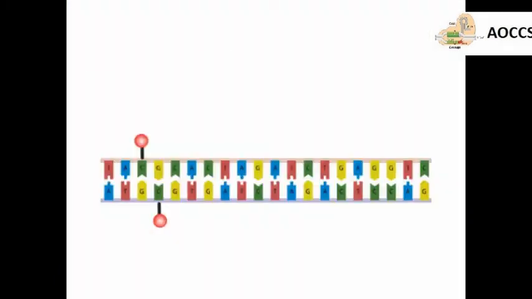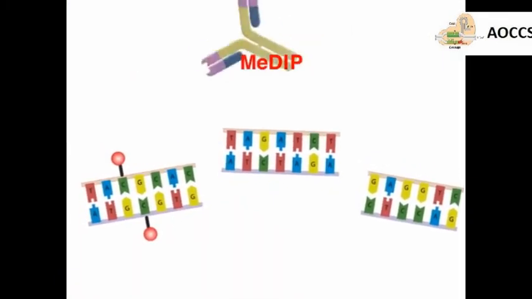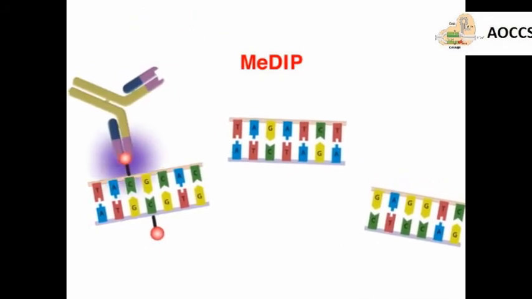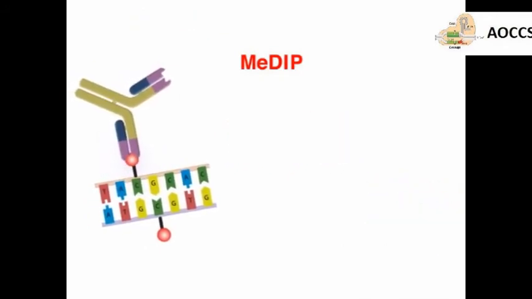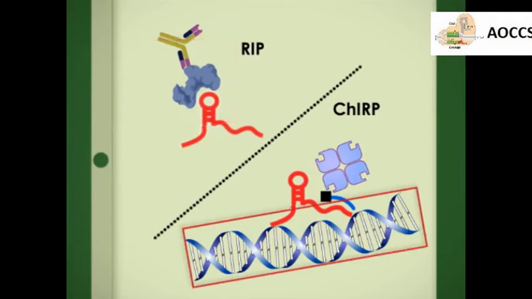On the other hand, methylated DNA immunoprecipitation, or MeDIP, is used for isolating and enriching methylated DNA. RNA immunoprecipitation, or RIP, and chromatin isolation by RNA purification, or ChIRP, can respectively determine the protein partners of a non-coding RNA, or its genomic binding locations.